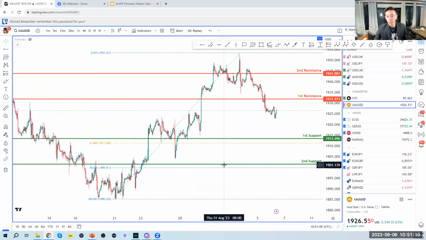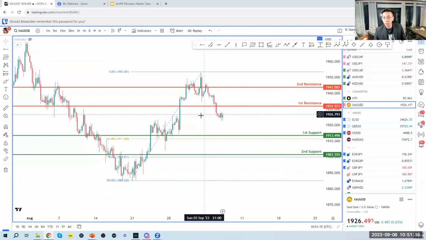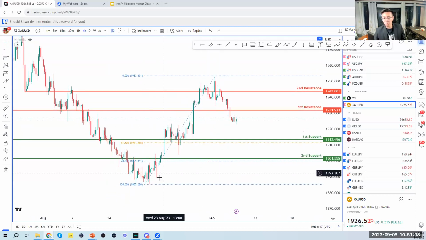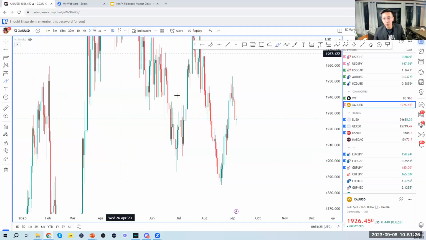Okay. All right. Let's see, 4 hours. So for example, sometimes when you're drawing fib retracement levels, it's okay if price cuts through a little bit, because you should refer to the daily, right?